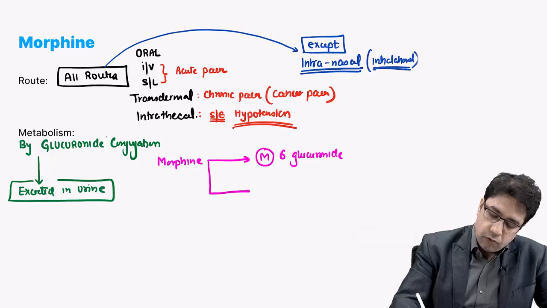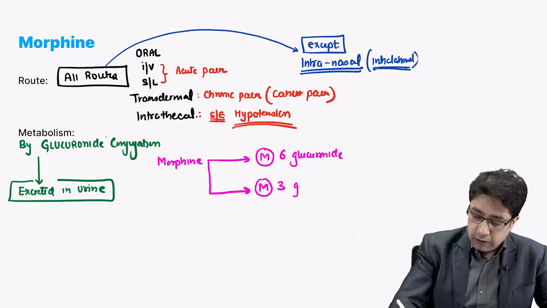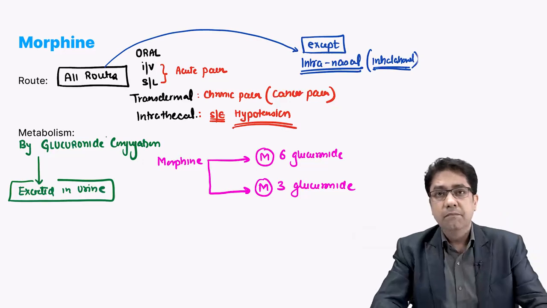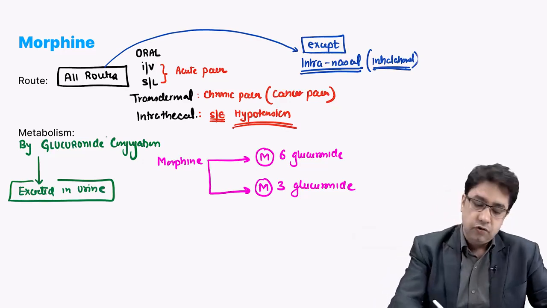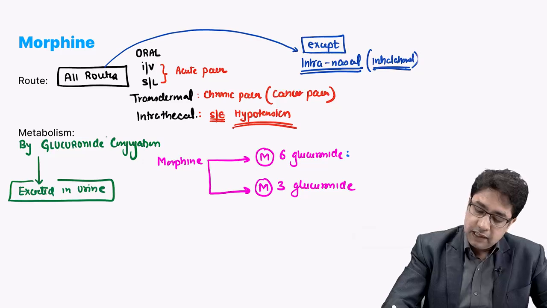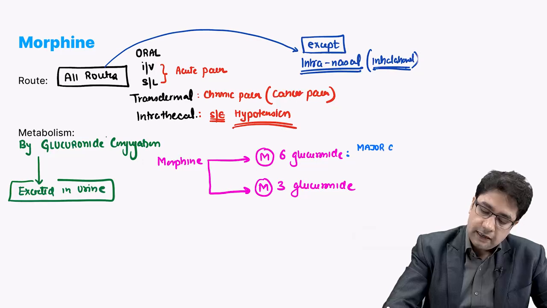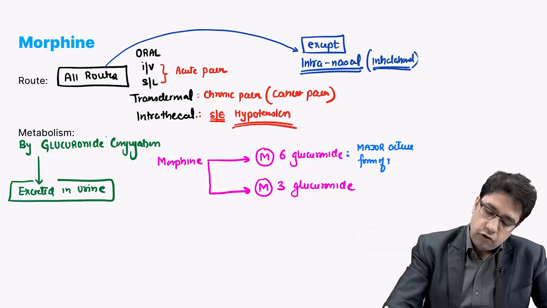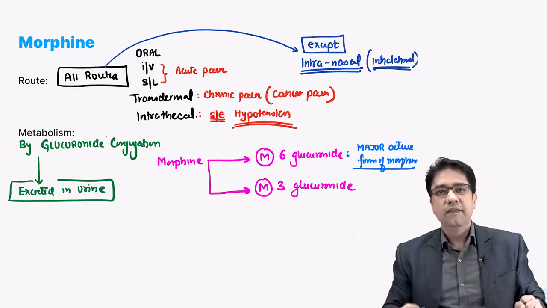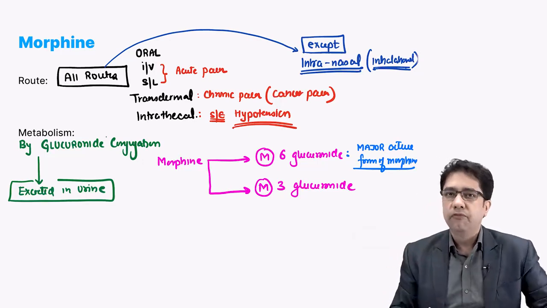And one more product is produced, morphine 3-glucuronide. Now, which is a bigger number? 6 is a bigger number. So we will write that morphine 6-glucuronide is the major active form of morphine. So morphine 6-glucuronide produces the pain relieving effect. It is the major active form of morphine.